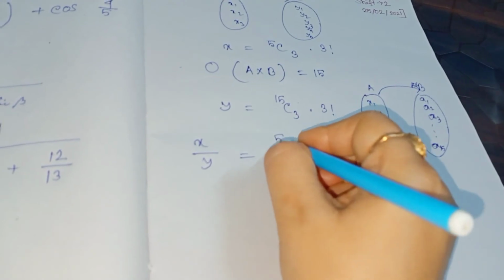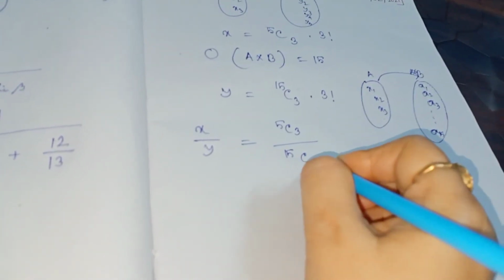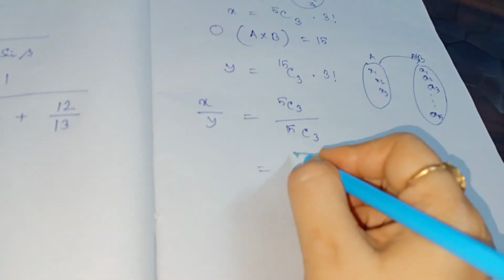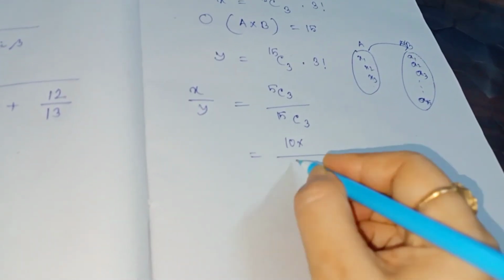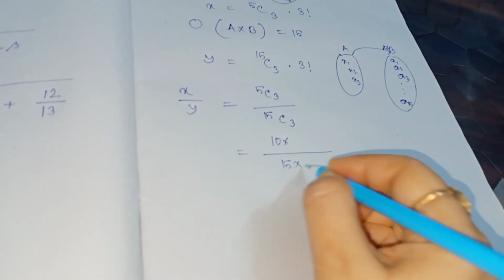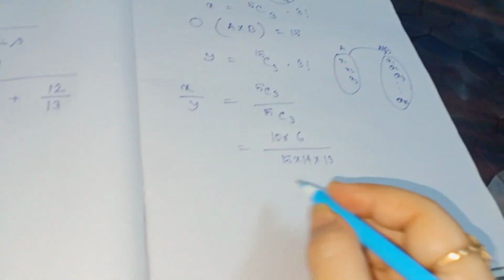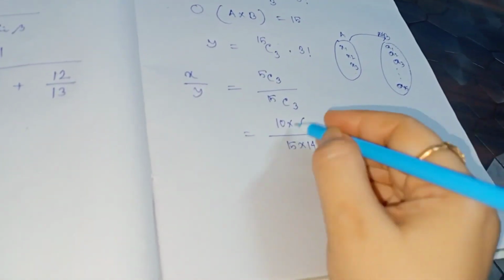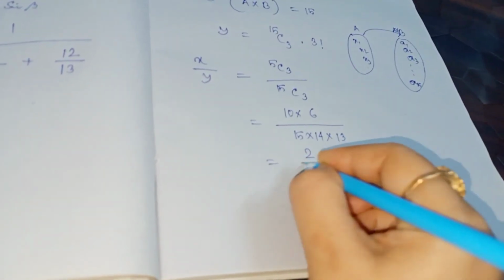So X by Y is 5C3 divided by 15C3, which is 10 over 15 into 14 into 13 by 6. When we calculate and cancel, it becomes 2 by 91.